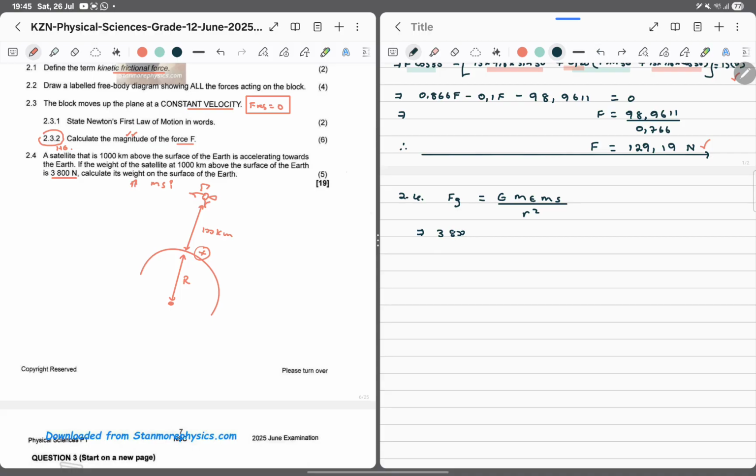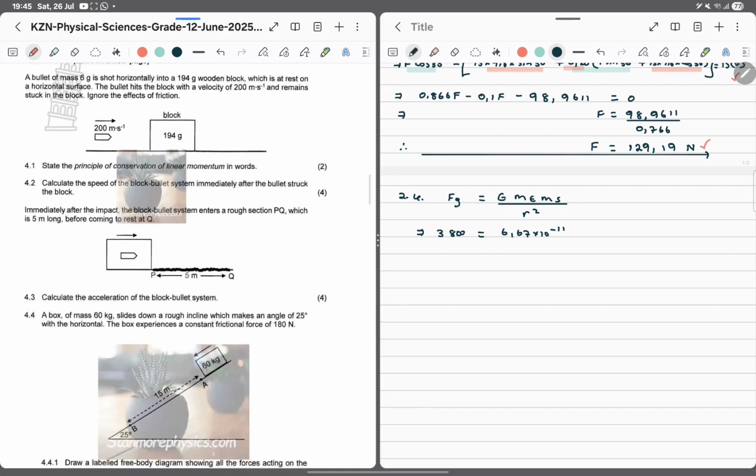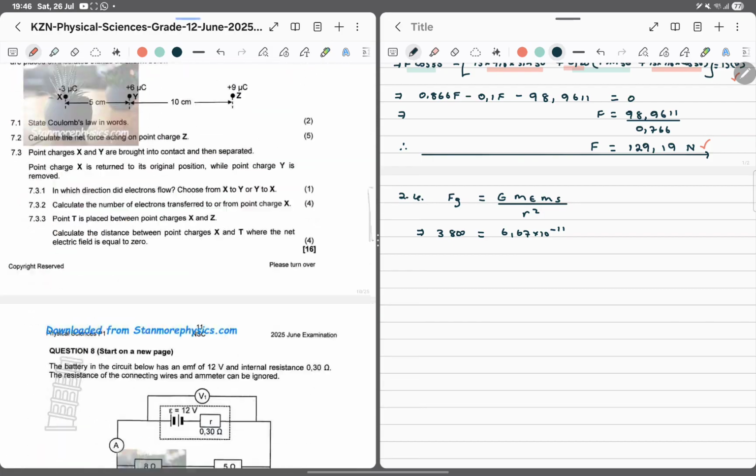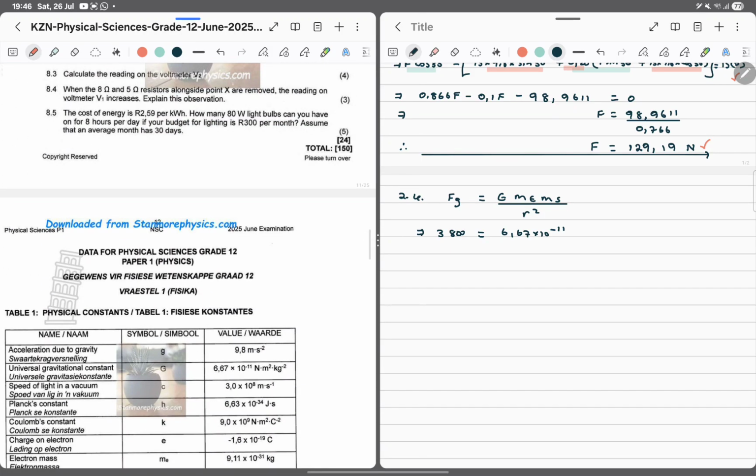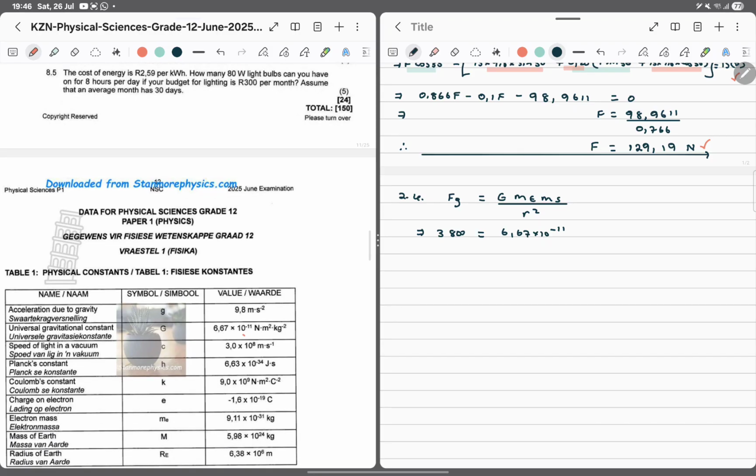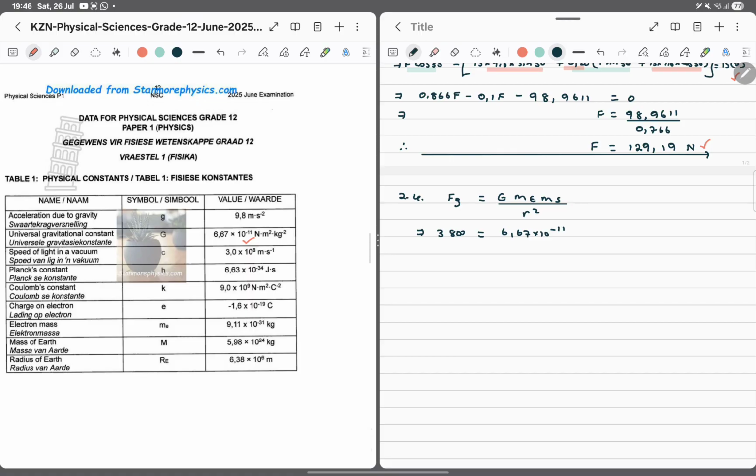So this implies that 3,800 is equal to big G, which is 6,67 times 10 to the minus 11. Is that so? Let's just check it. Sometimes these constants are not so easy, but if you've worked with them nicely, you are good. Okay, maybe let's stay here because there's a lot we need from here. Great.